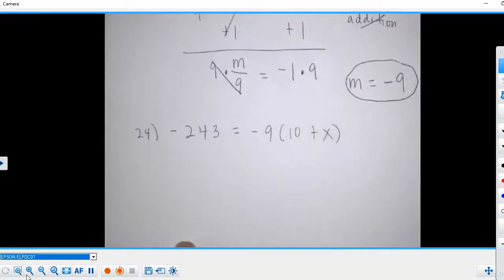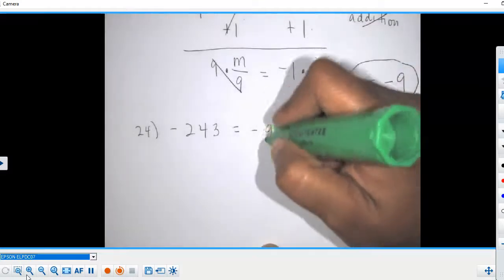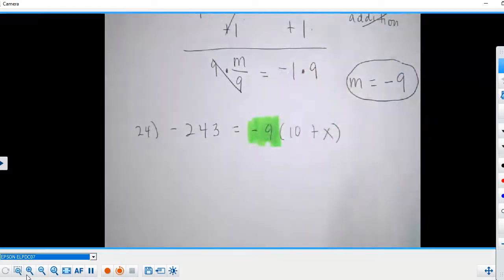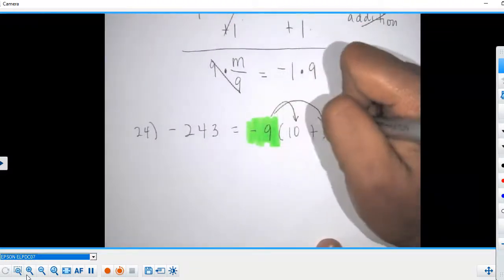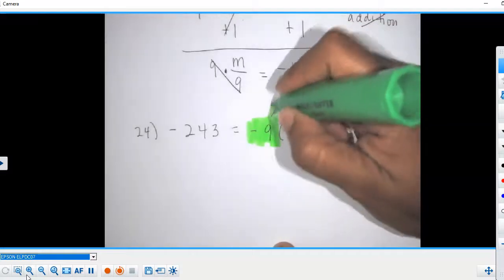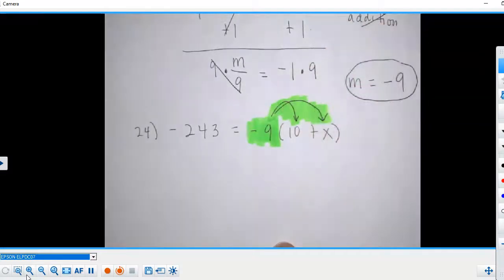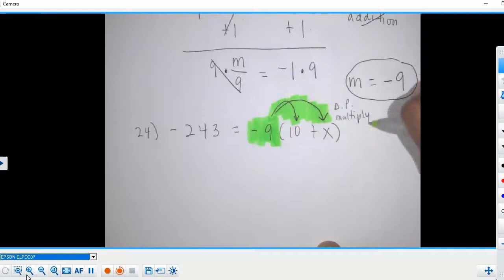Your mind should tell you, because you're so smart, that, hey, I see that negative 9 in front of the parentheses. So your mind needs to tell you, ooh, I've got to do the distributive property first. So we're going to multiply that negative 9 to each term. Okay, we're doing the distributive property, that's DP. What does that mean? To multiply each term.